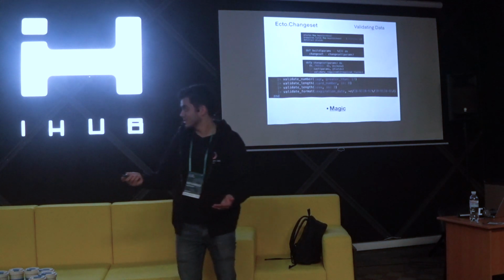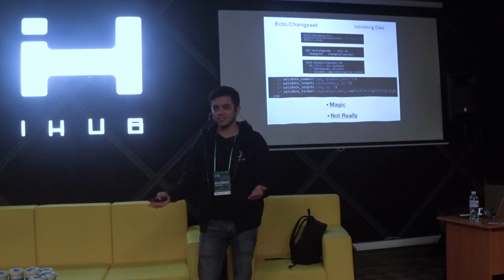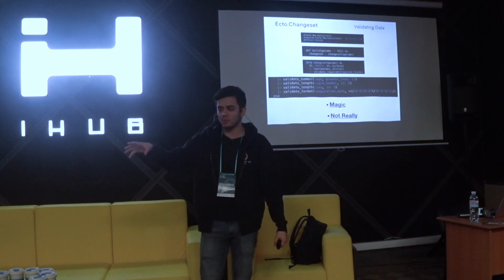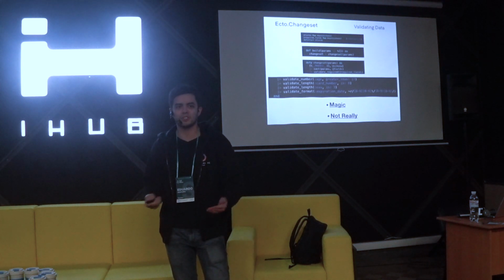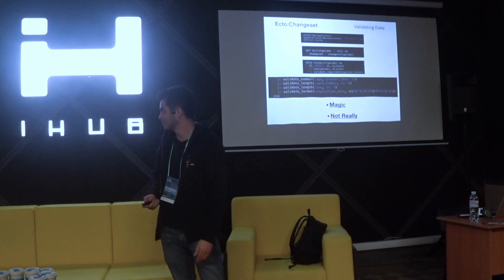So it looks like magic, but not really. On the inside, you're just grabbing the data from a map and checking the length of the string, which I think is pretty cool.